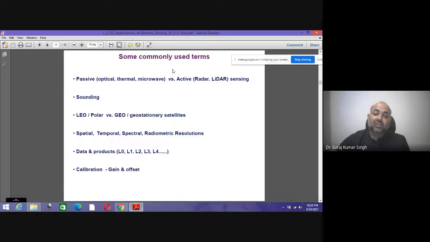The commonly used data sets are passive remote sensing data, where we use electromagnetic data, in which we use the optical data set. When we say optical, we are talking about the blue band, green band, red band, near infrared band, middle infrared band, and thermal bands, and microwave data.